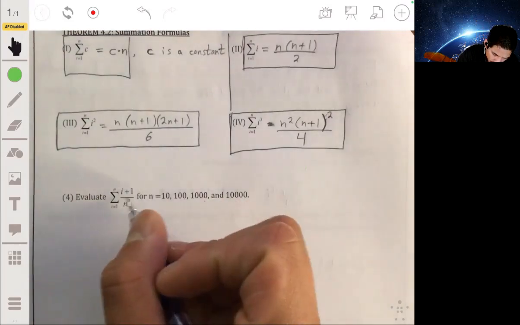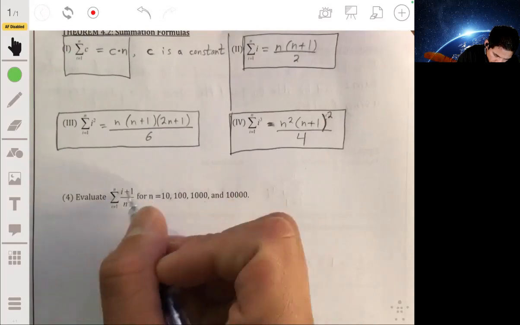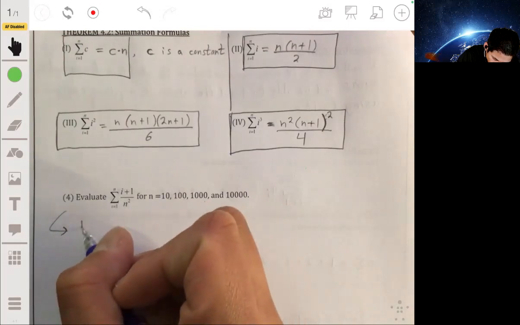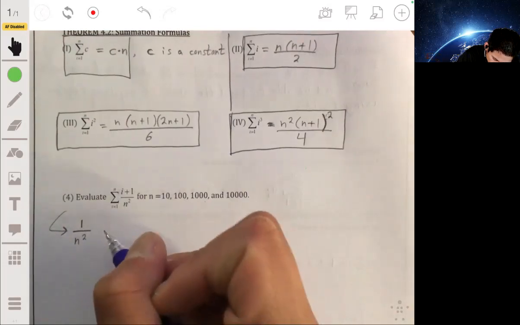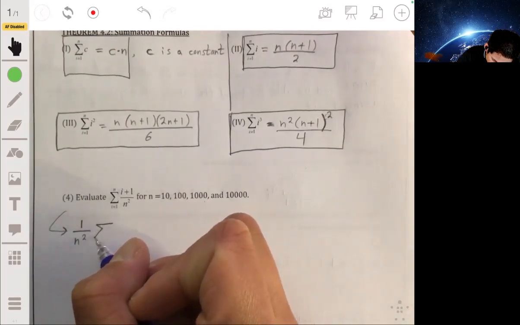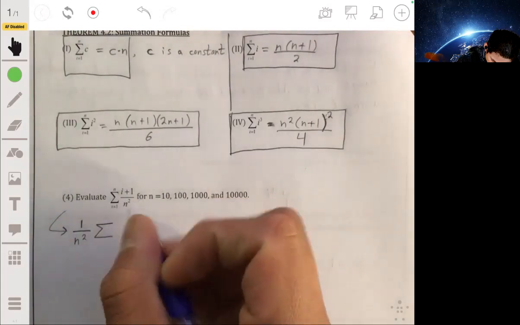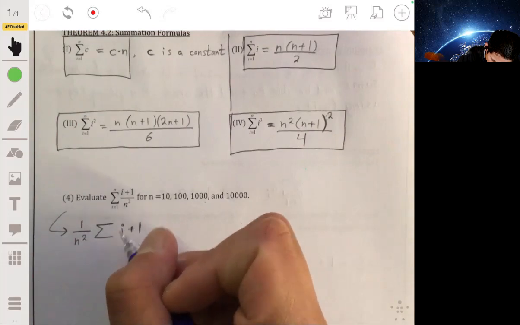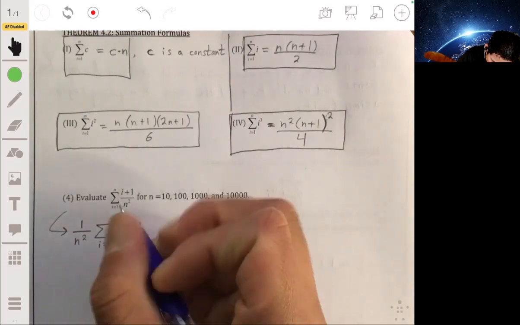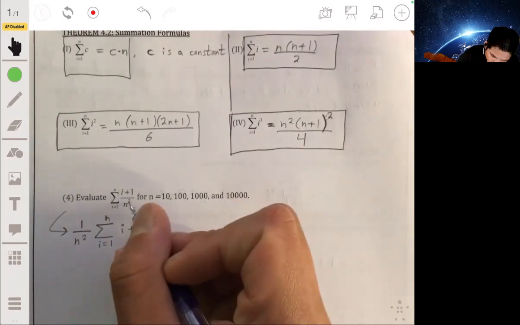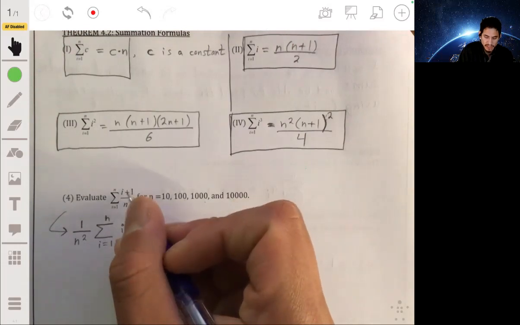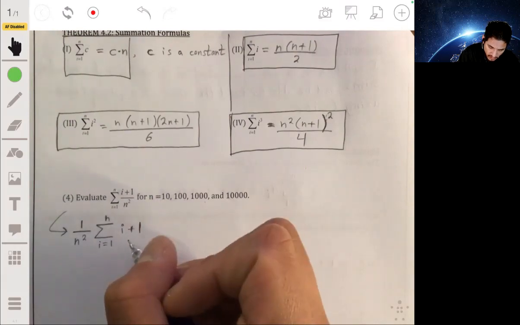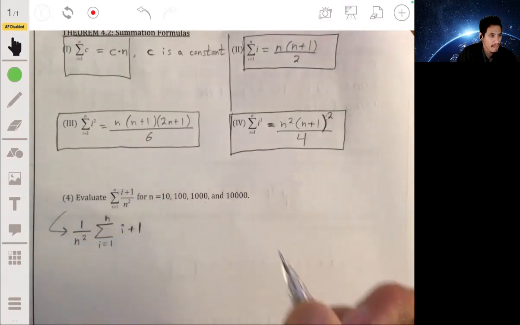So in general, let's rewrite this as 1 over n squared times the sum of the i plus 1 terms from i equals 1 to n. So you can factor out that 1 over n squared, because this is the same as i plus 1 times 1 over n squared. So this factors out.